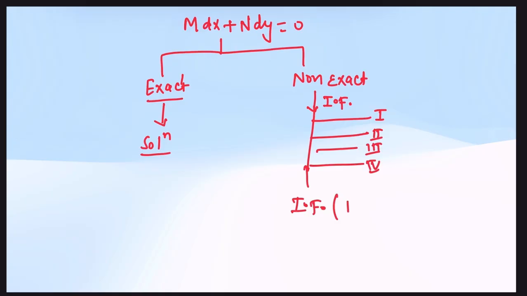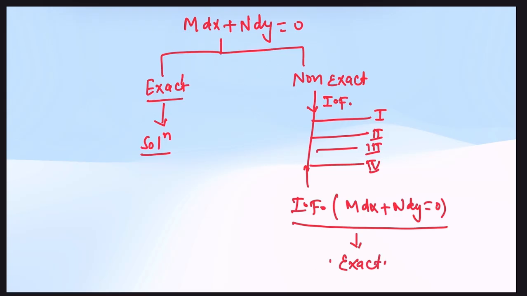If we multiply this integrating factor by the whole differential equation, it becomes an exact differential equation. After making it exact, we can find the solution of the given differential equation. I will discuss one example, then we will see further.